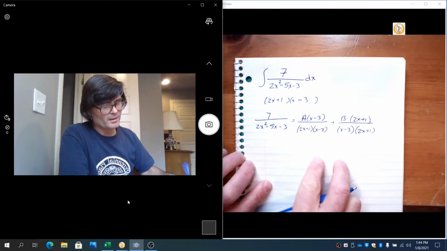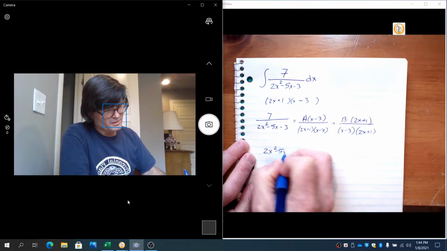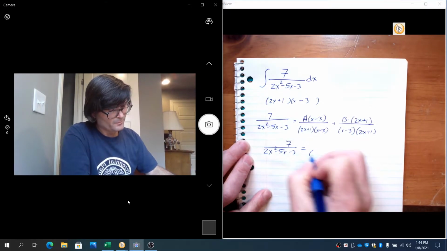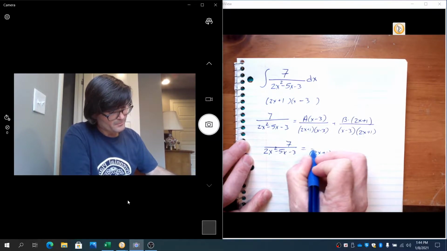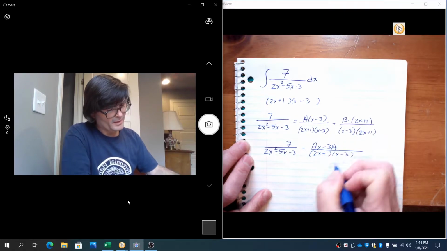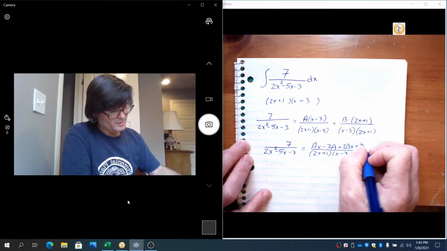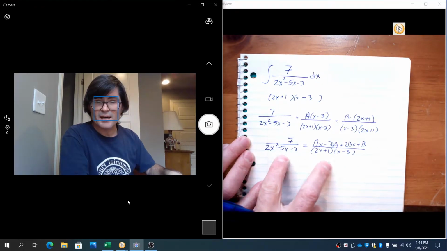And so now the bottoms are going to be the same, 2x squared minus 5x minus 3, with 7 on top. 2x plus 1 times x minus 3 is the same. We have ax minus 3a plus 2bx plus b.